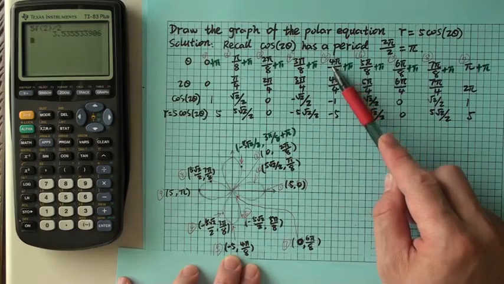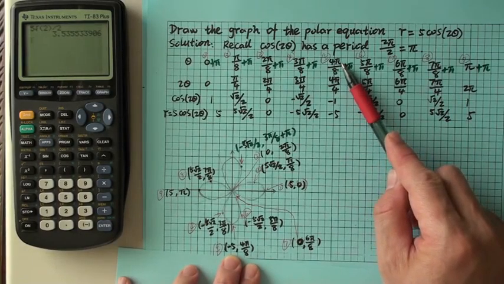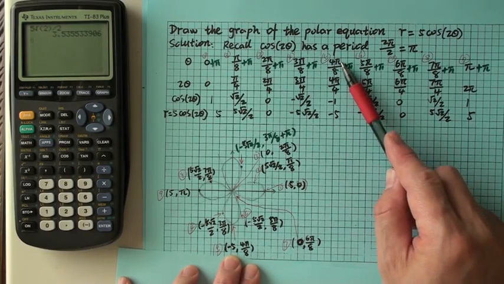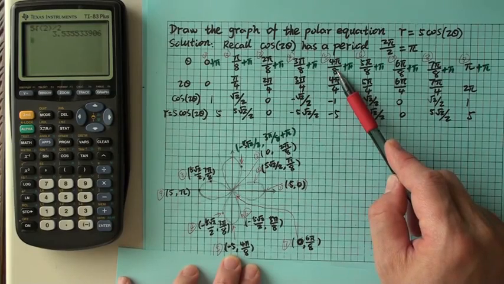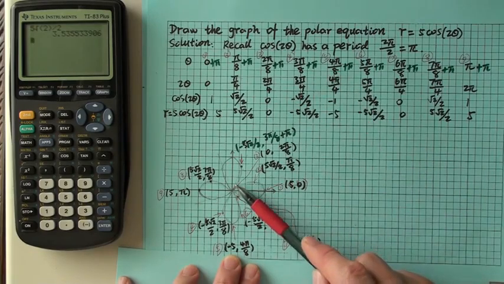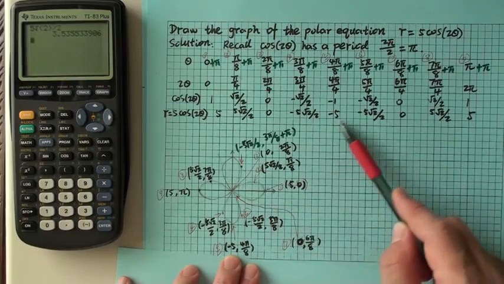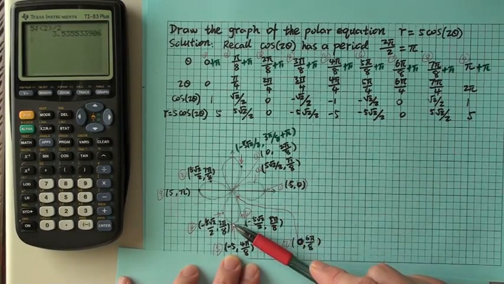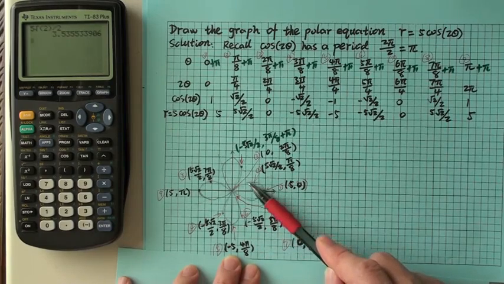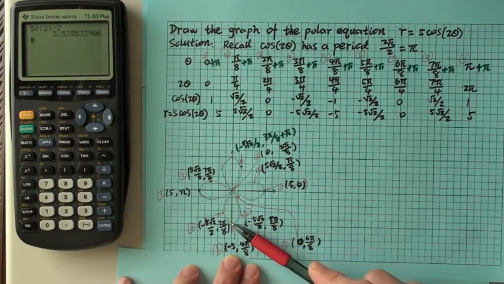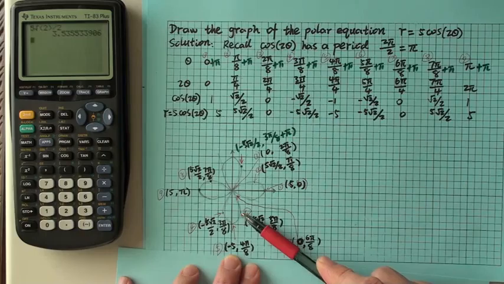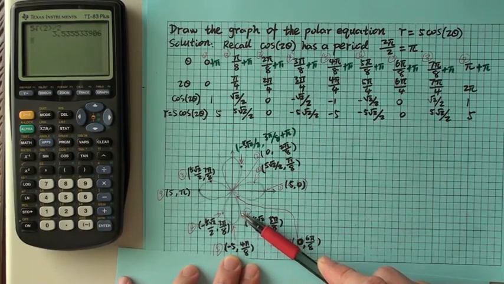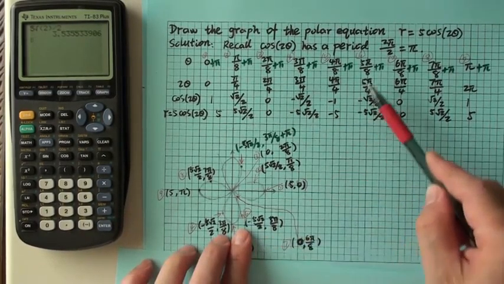Alright. Now you see here, what do you get? Fifth point. This is 4 pi over 8, which is pi over 2. That's 90 degrees. Looks like this is the one. What is negative? So it goes down, negative 5. Okay, so it goes down like that. And the sixth point is right here.